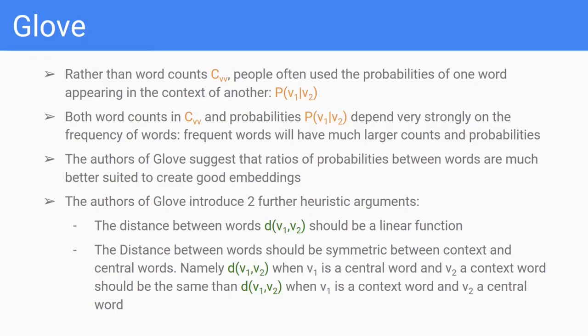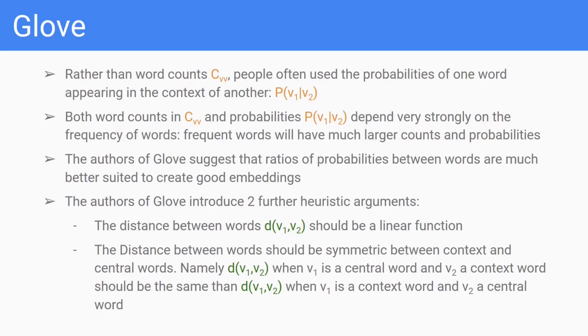So the first thing that they saw is that to solve the sparsity problem, the problem that arises in the very infrequent words, or the problem that arises between very frequent words and very infrequent words, which, if you remember, very frequent words in the count matrix, co-occurrence matrix, end up having very high numbers, and infrequent words end up having numbers close to zero and very, very noisy.